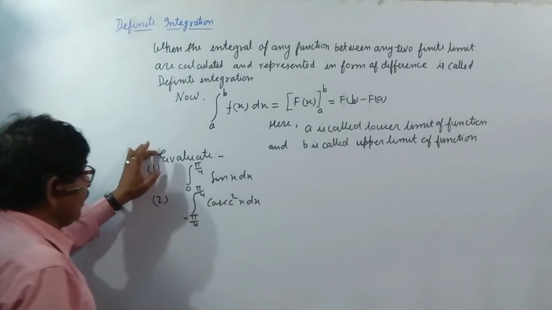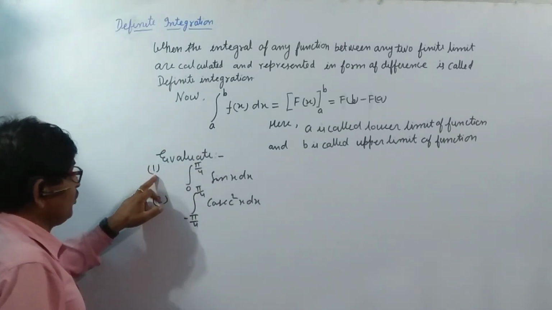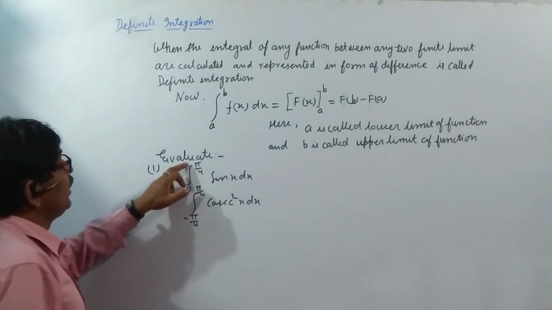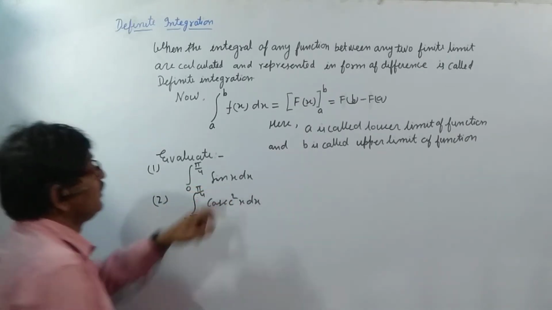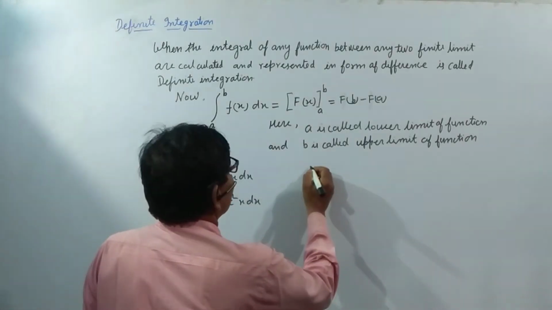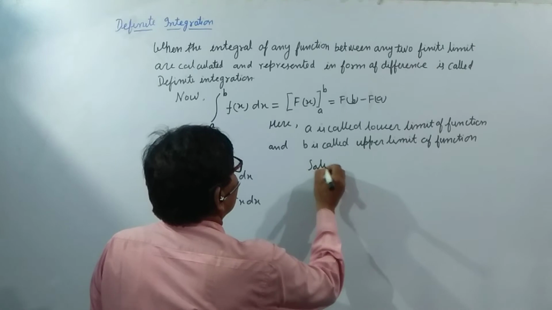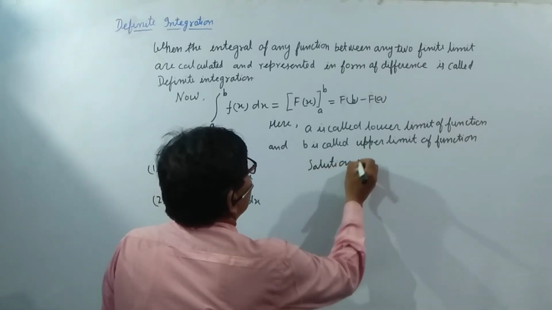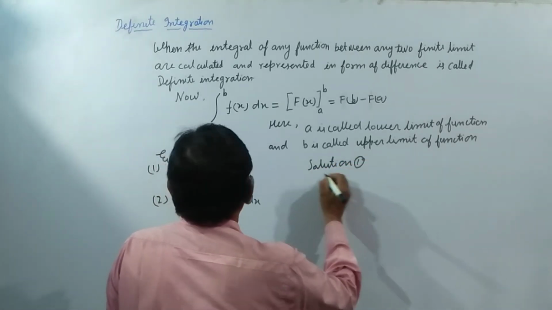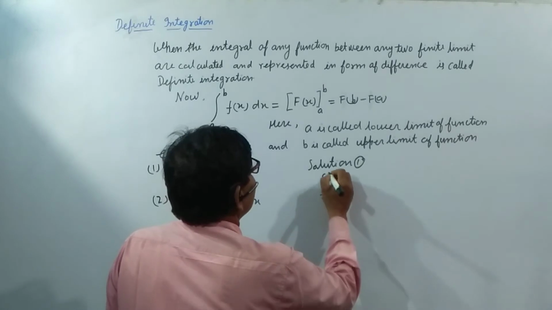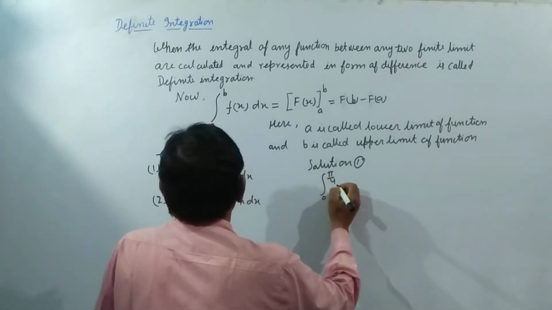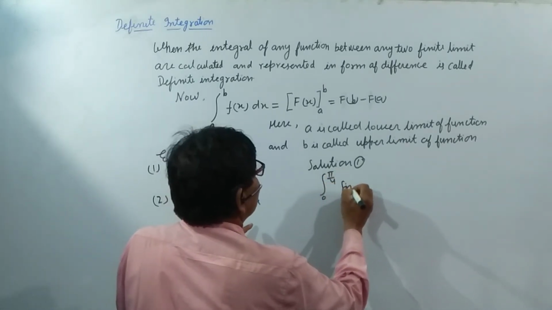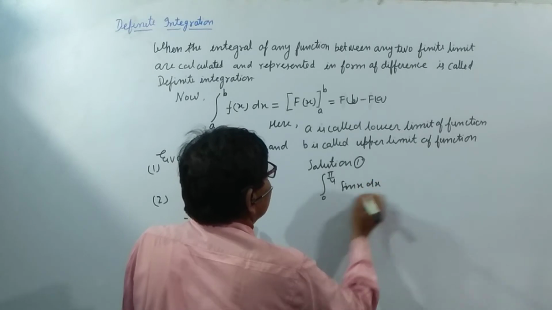Now evaluate problem 1: integral from 0 to pi by 4 of sin x dx. Solution of 1: integration of 0 to pi by 4 sin x dx.